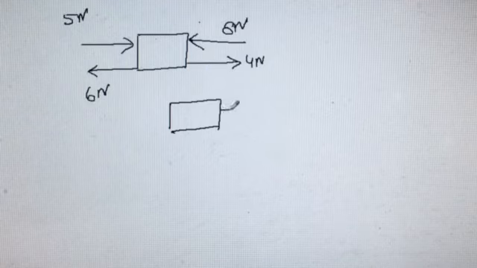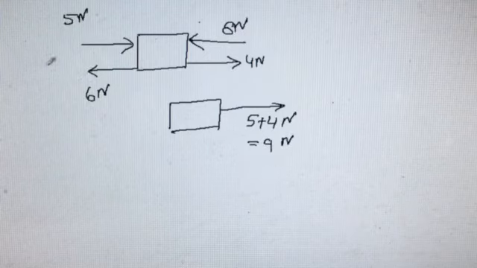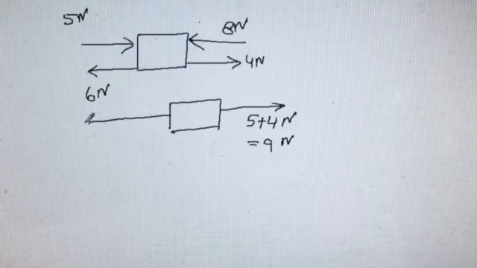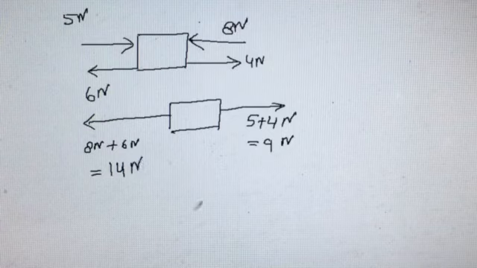So a rightward force can be drawn of 5 plus 4 Newton, which is 9 Newton. 6 Newton and 8 Newton both are acting to move the body in the left direction. So here leftward force is 8 Newton plus 6 Newton, that is 14 Newton.